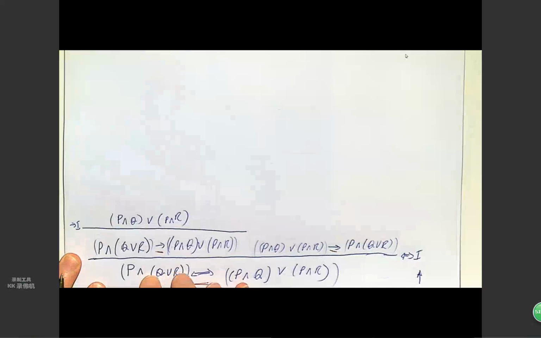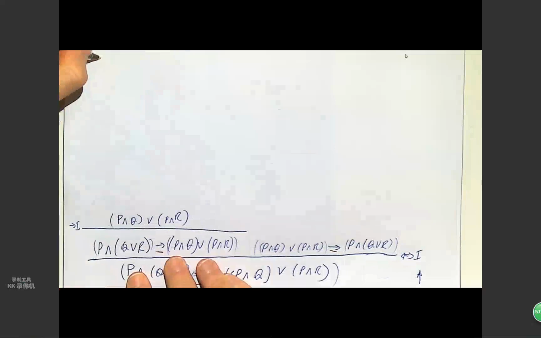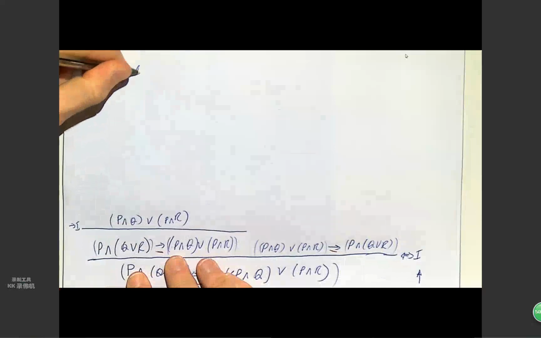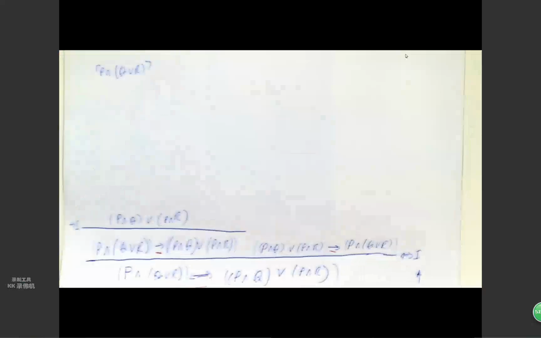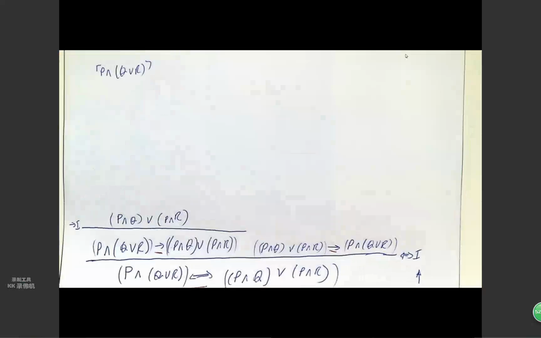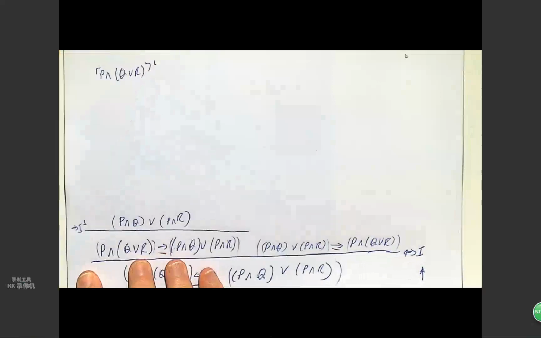All right. P and Q or R. Yeah? In the law, you see there is, you should put numbers or some marker to tell you where this assumption came from.